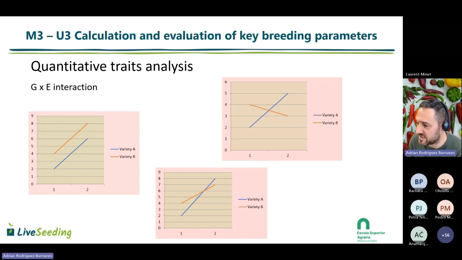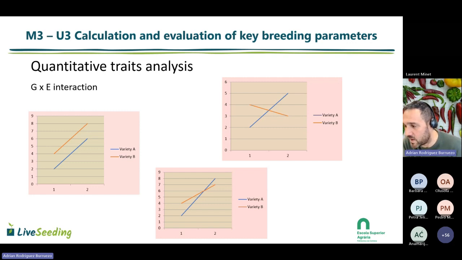The lines represent the value of variety A in environment 1, which is 2 kilos per plant, for instance, and in environment 2, which increases to 6 kilos per plant. You can see the increase from environment 1 to environment 2 for variety A.